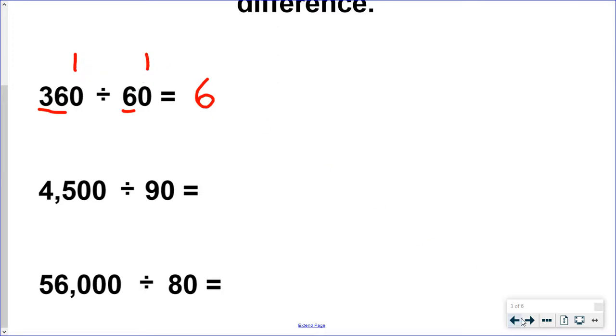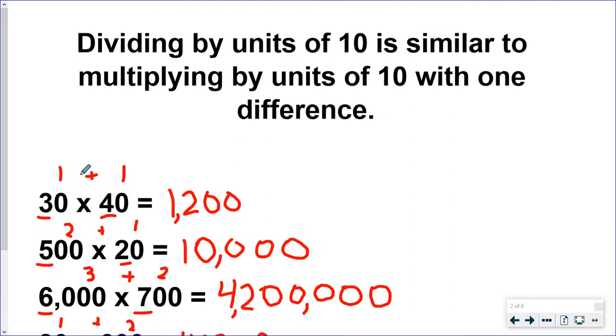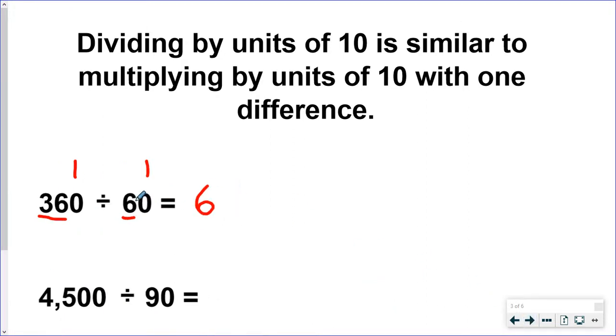Now, if you remember on the previous page, when we were multiplying, we would take the number of zeros and add them together to figure out how many zeros would go here. Well, since division is pretty much the exact opposite of multiplication, we're going to do the same thing here, except we're going to do the opposite. And hopefully we know that the opposite of addition is actually subtraction.